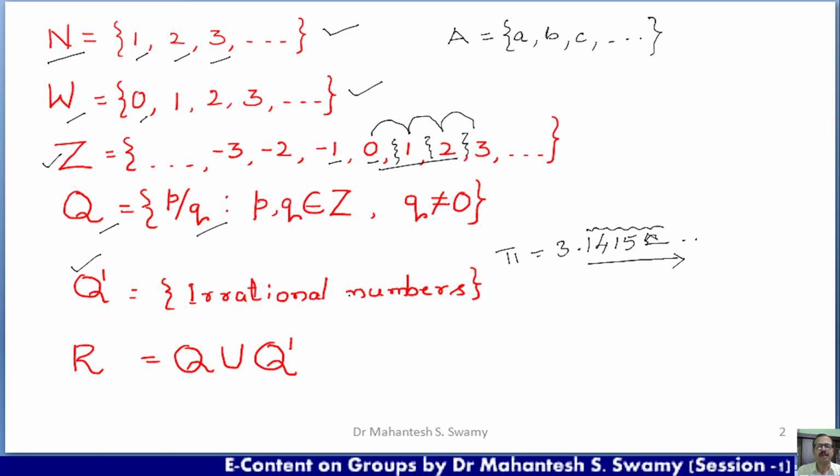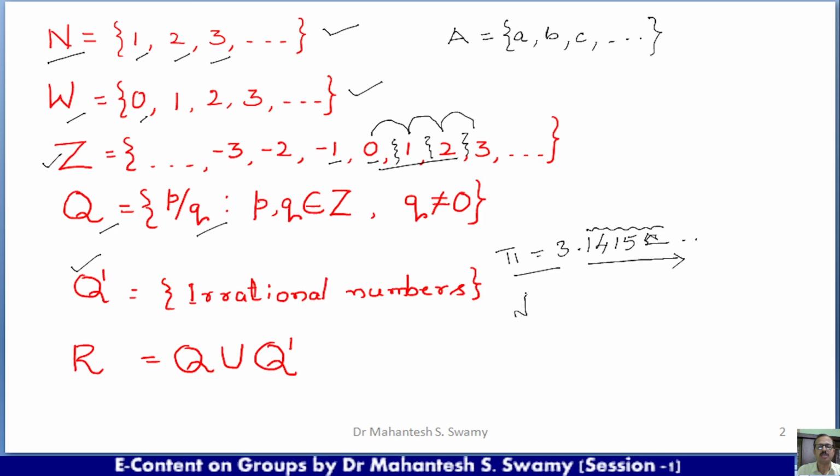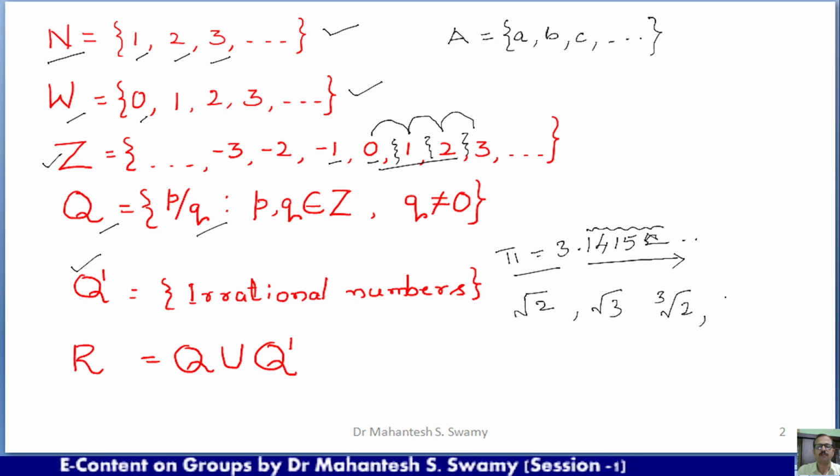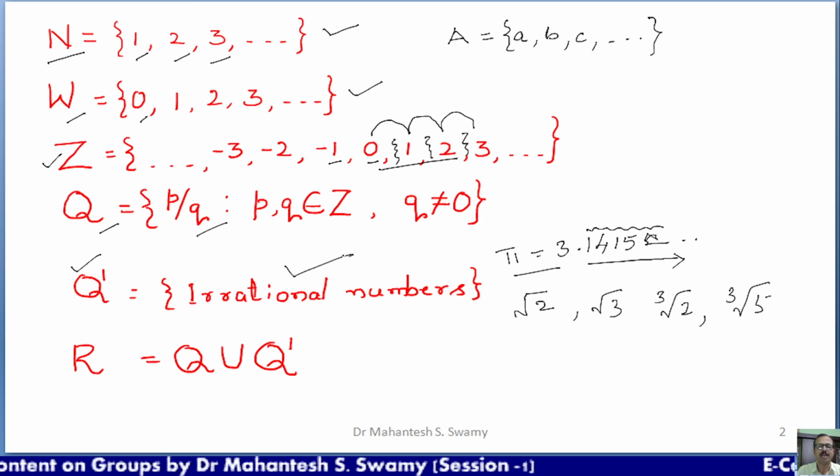If non-repeating, non-recurring decimal digits are present in the given number, that number is called an irrational number. We can even have numbers like square root of 2, square root of 3, cube root of 2, cube root of 5, and so on. All such numbers have non-recurring, non-terminating decimal digits, so they come under the category of irrational numbers.